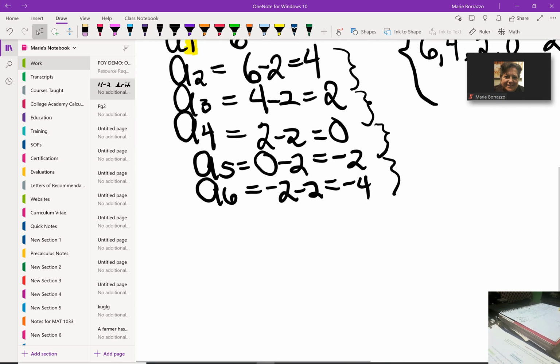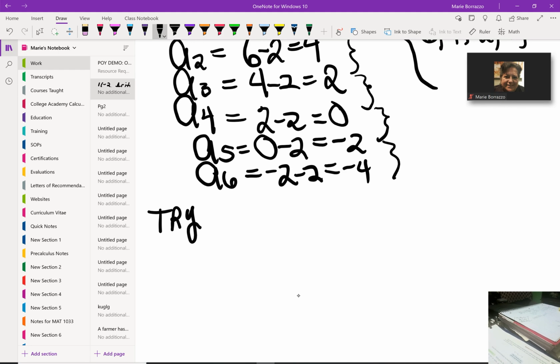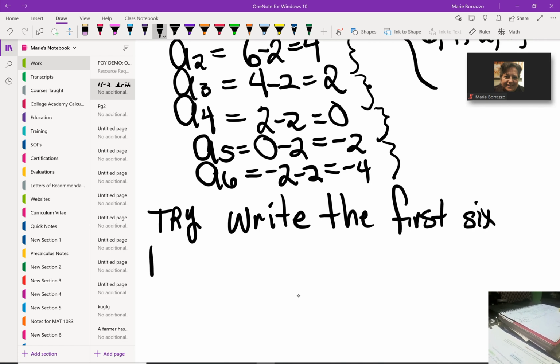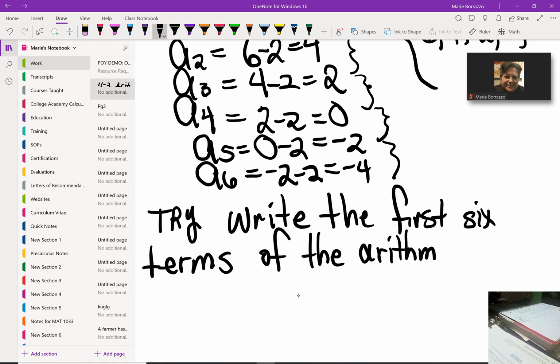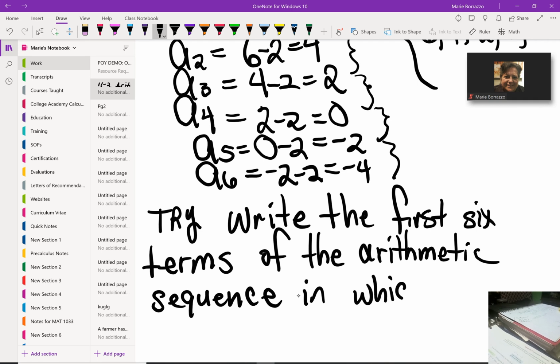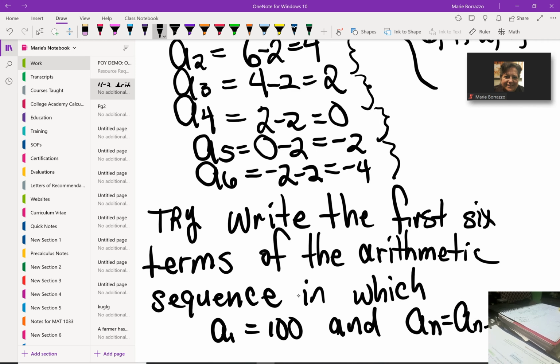Now, I'm going to give you a try question. I would like for you to try this. If I say to you, write the first 6 terms of the arithmetic sequence in which a sub 1 is 100, and they also tell us that a sub n is equal to a sub n minus 1 minus 30.